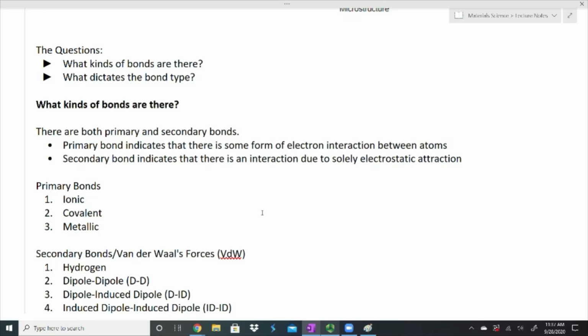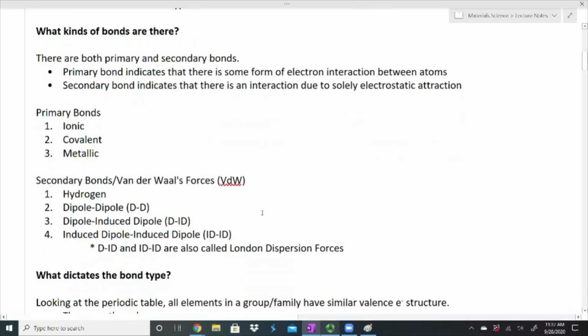All right, we have three types of primary bonds. We have ionic bonds, covalent bonds, and metallic. And our secondary bonds are sometimes called van der Waals forces or van der Waals bonds. I shorten that with a VDW. We have four types of these. We have hydrogen, dipole-dipole, dipole-induced dipole, and induced dipole-induced dipole.